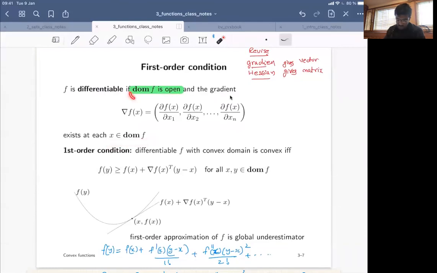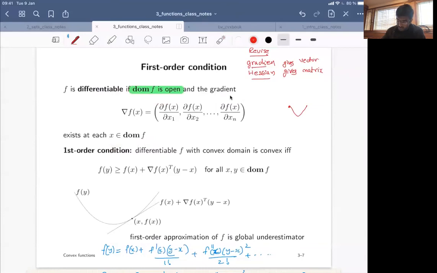You should be aware of why this condition, because like we studied in school, when we study basic differentiability, we said that a function is differentiable only when its domain is open.